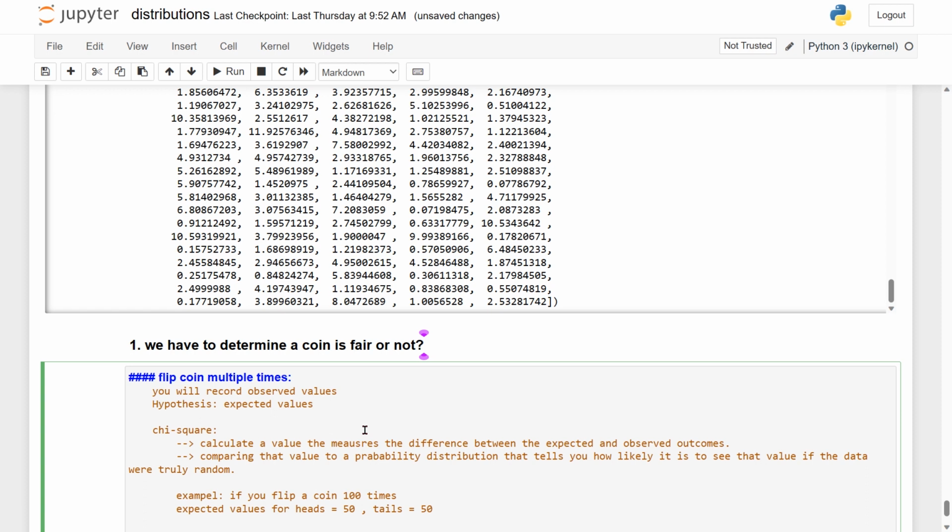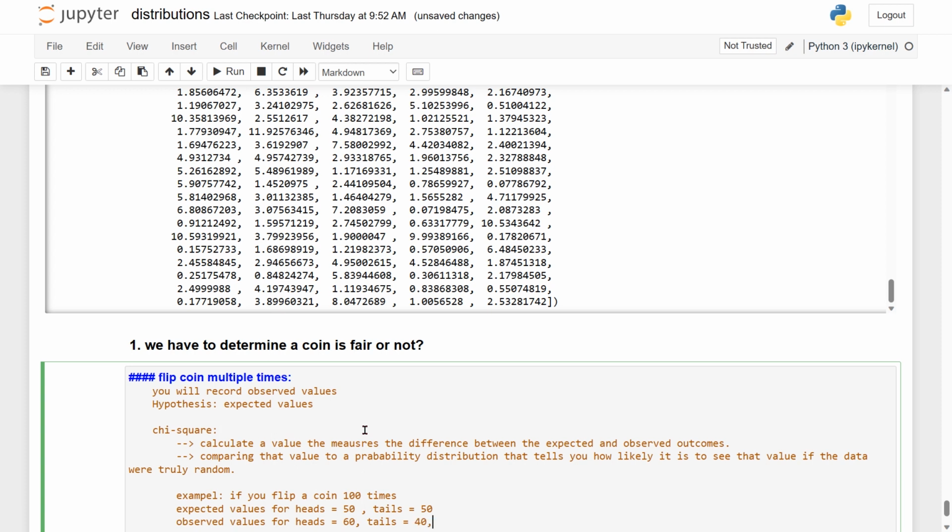But the observed values that we got for heads is equal to 60, and for tails it is equal to 40.